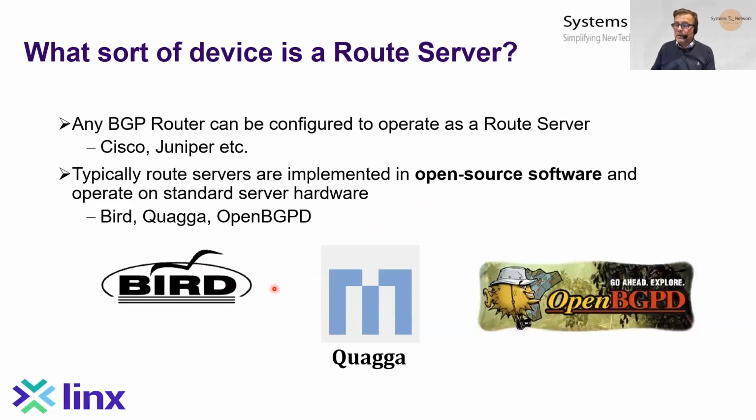At LINX, they are using a combination of Bird and the Open BGP daemon, a software distribution of a routing daemon, to operate on their root servers.